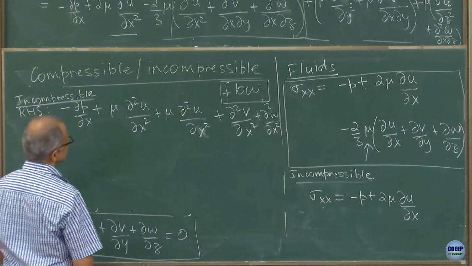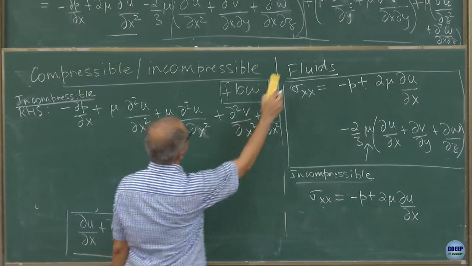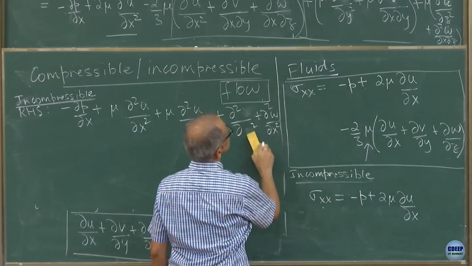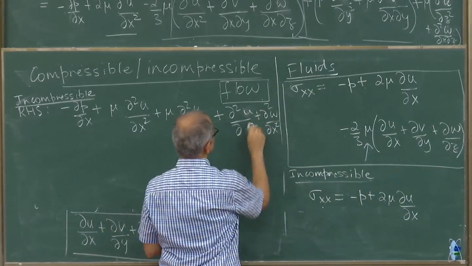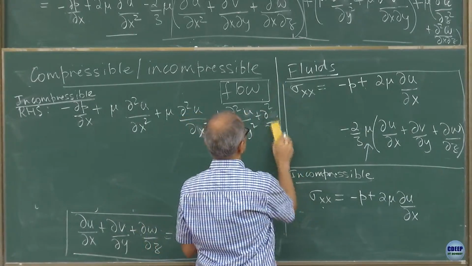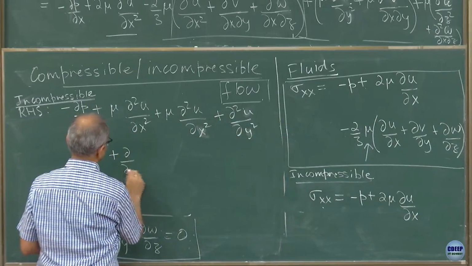So the right hand side is okay. So we have to just write out everything correctly now. This is ∂u/∂y squared, this is ∂v, plus ∂/∂v.